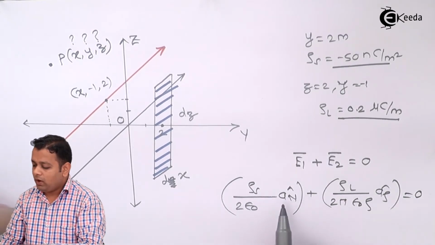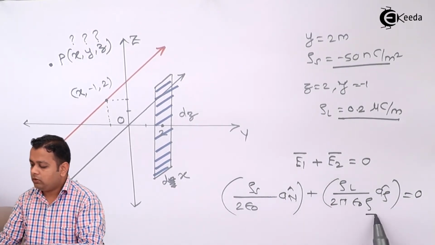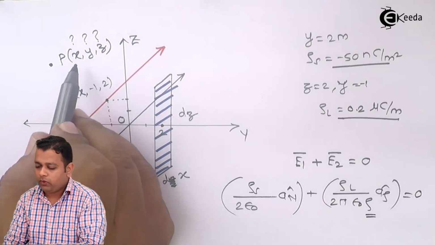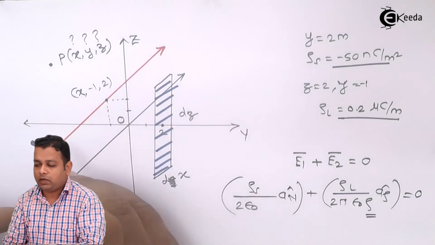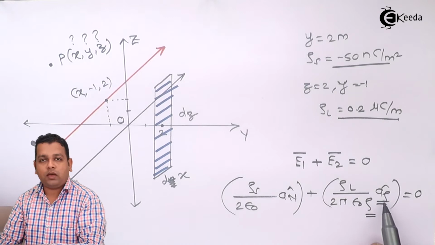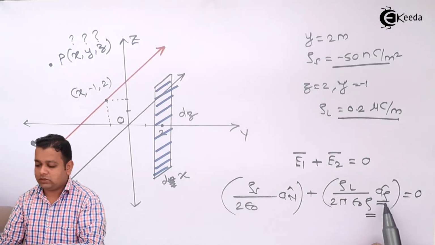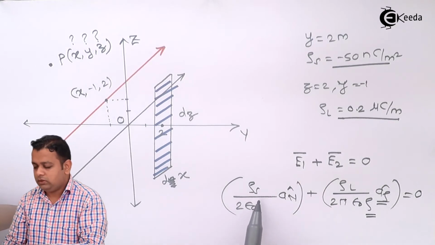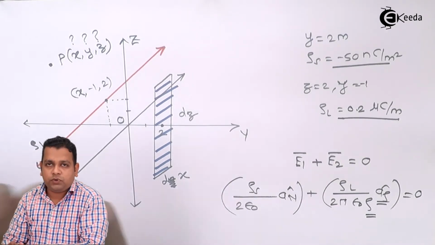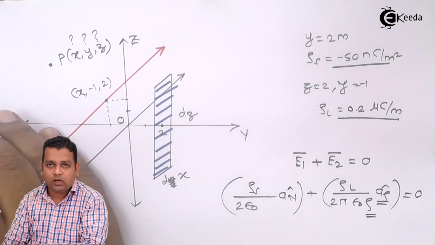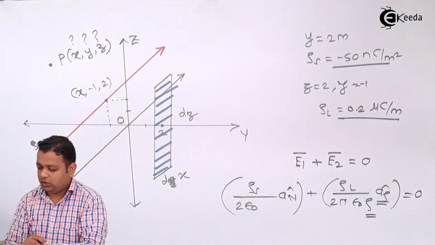Now we require for E2 bar the rho, that is the perpendicular distance from this point onto this uniform infinite line charge. We require the outward direction on that perpendicular segment. For the sheet of charge, we just require on which particular side, whether on positive y side or negative y side, that point is located.